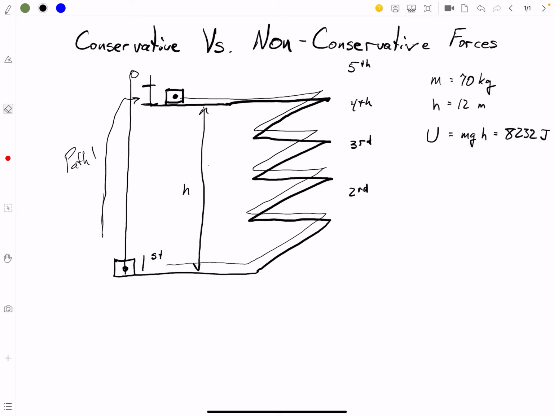If we were to open the window and push it out the window, and it just went down on its own with gravity doing its thing, then that is how much energy we would get out of the couch. Okay, so let me write path 2 here.